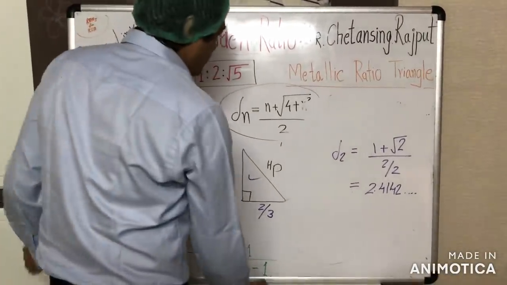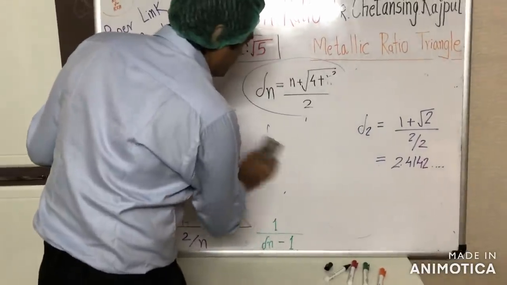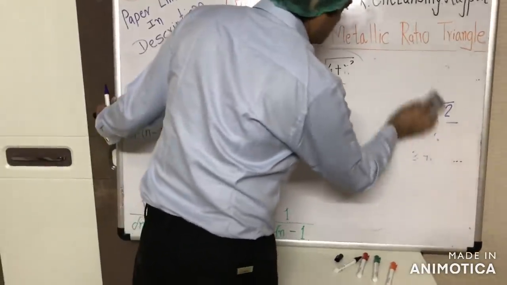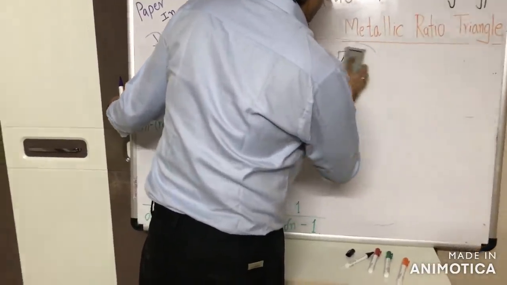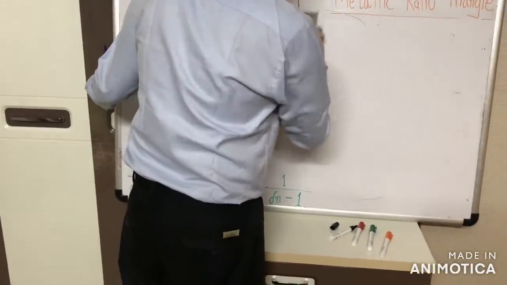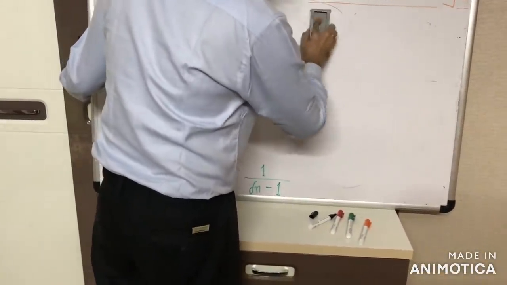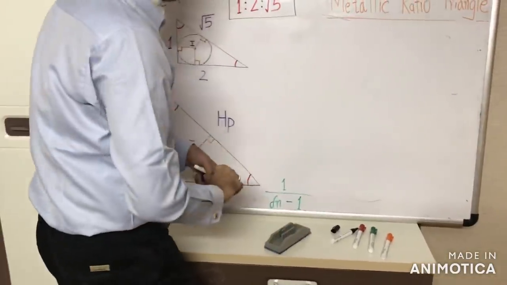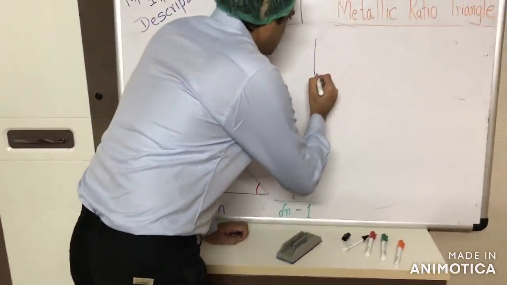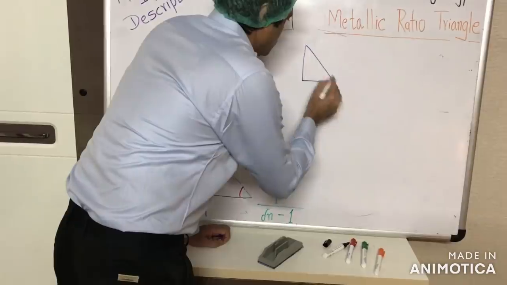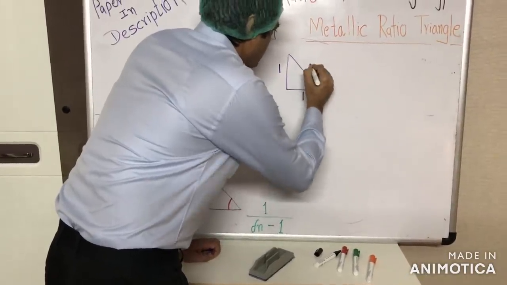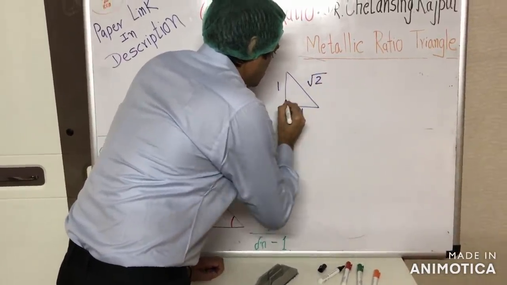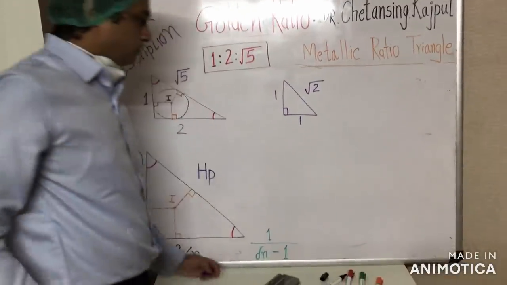Okay, and not just determination of the values of metallic means, we can also generalize other features of this right triangle which represents all metallic means. Just like consider the right triangle for silver ratio 1, 1, root 2, an isosceles triangle.